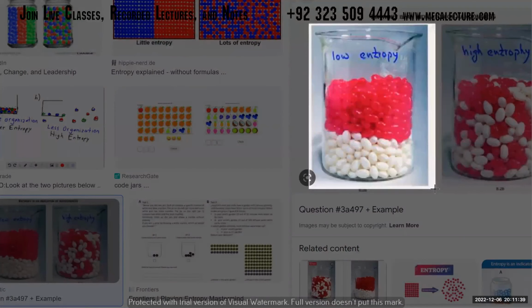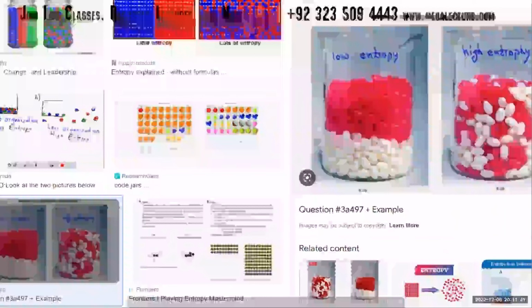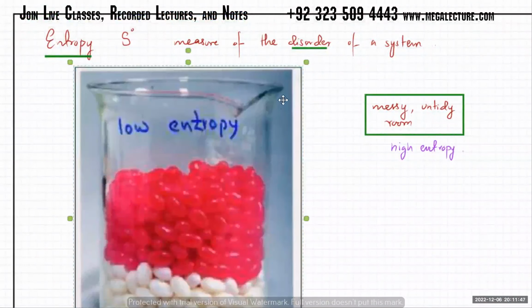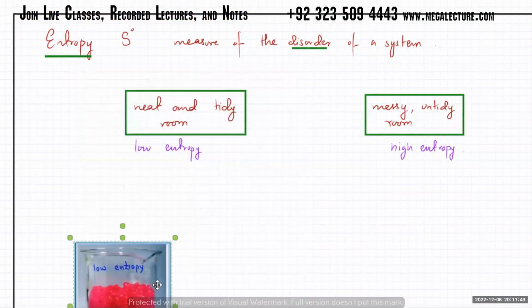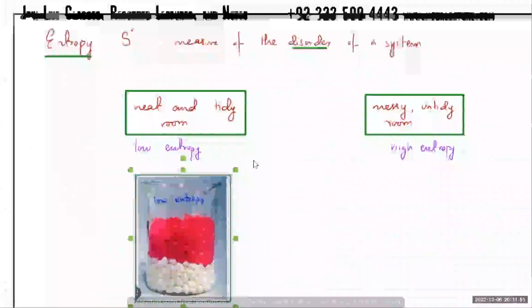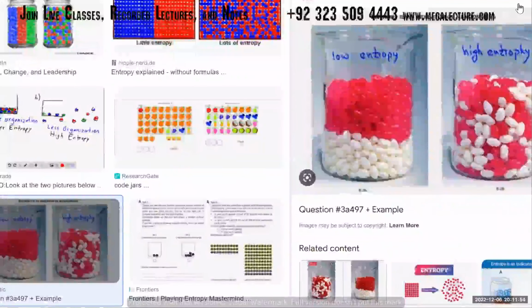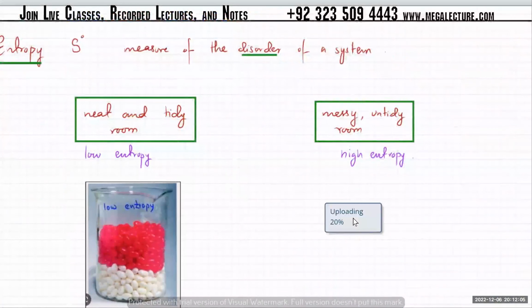So I've got a low entropy state, and on the other hand I've got a high entropy state as well, messy state.